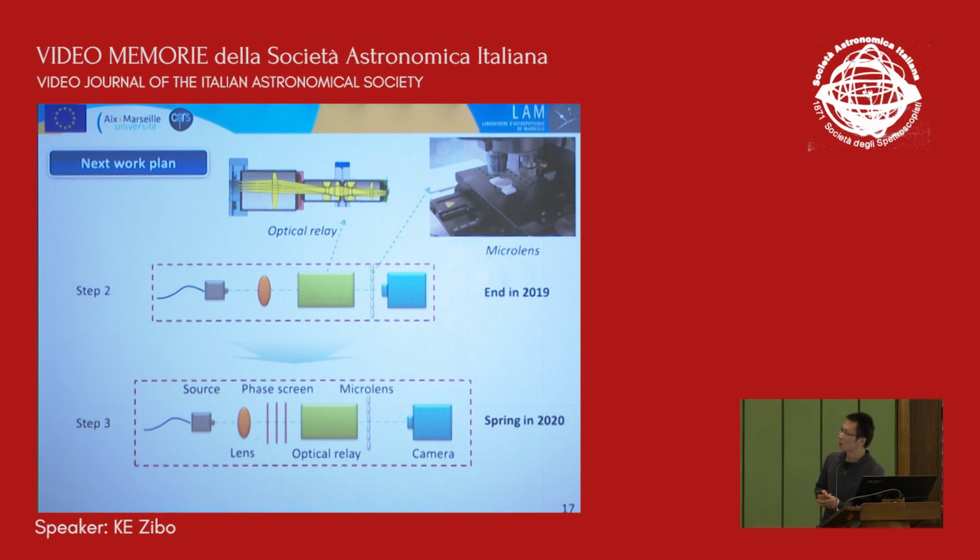Then we will add the two parts to make the wavefront sensing. And in step 3, we will add the phase screen to make a full-scale test about the elongation. That is expected to be done in the spring of next year.